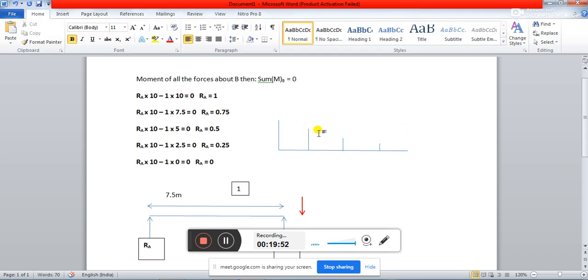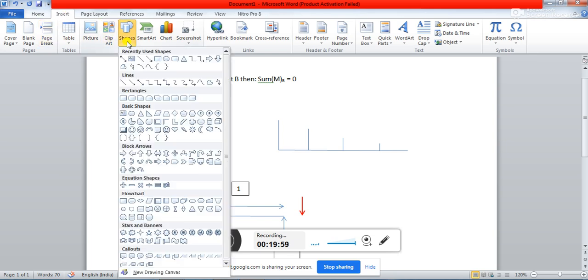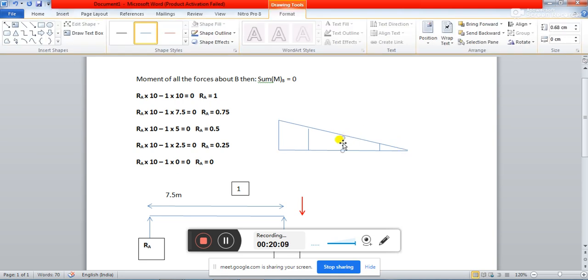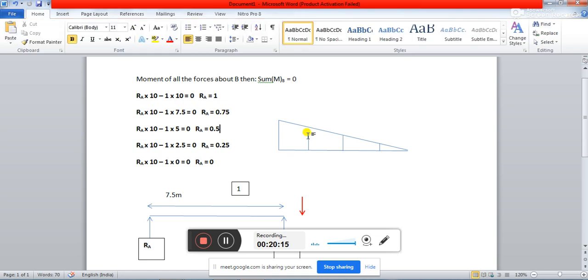If you get these values and want to find out the influence line, you will have to join these points with something, and you will find that they are joined using a straight line. So this is actually going to give you the influence line diagram.